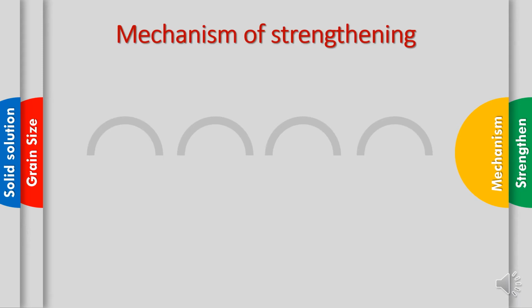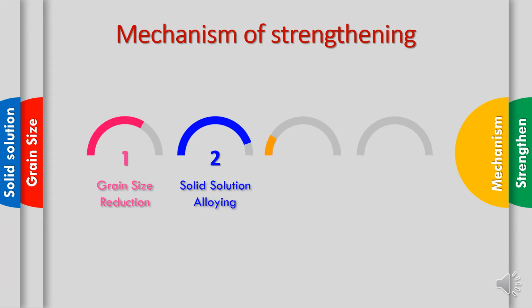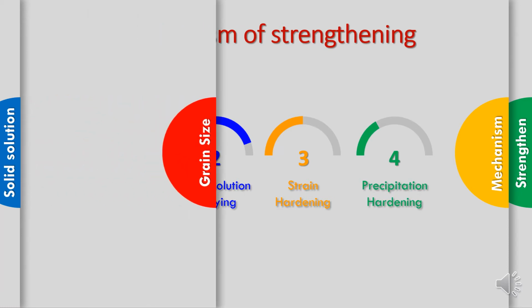For the mechanism of strengthening, we will see grain size reduction, solid solution alloying, strain hardening, and finally precipitation hardening.